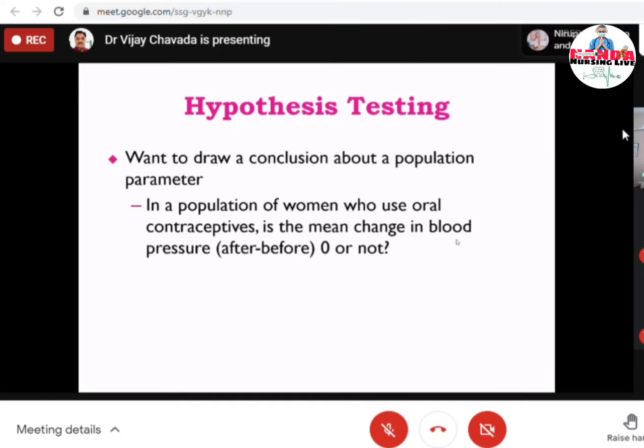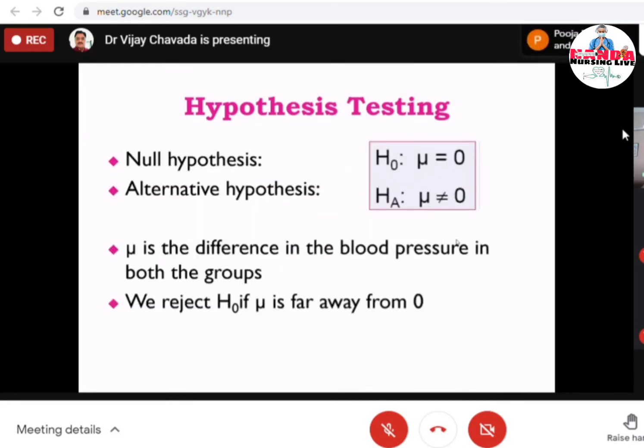That is, the difference in the mean blood pressure of those using oral contraceptives and those not using oral contraceptives is 0. This is the notation: the null hypothesis is referred to by H0 and the alternative hypothesis by HA. Now mu is the difference in blood pressure between the two groups. We reject H0 if mu is far away from 0, right?